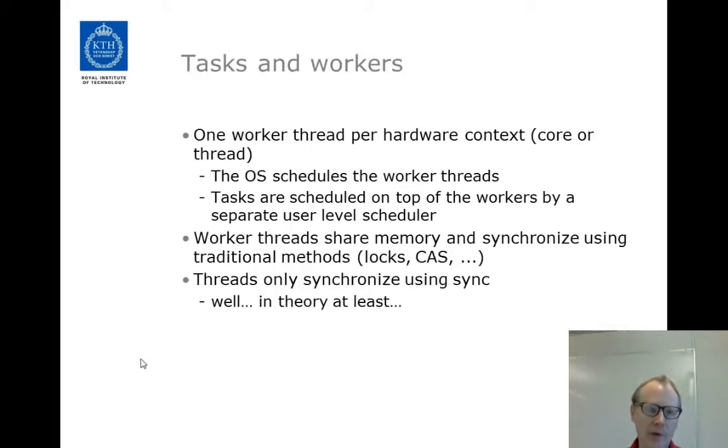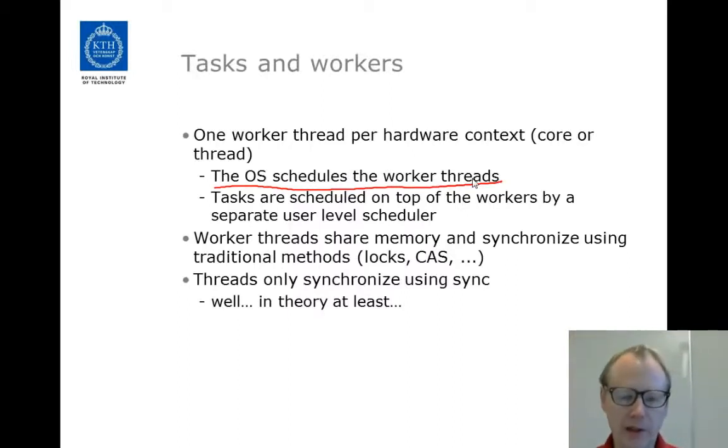If you have hyper-threaded or simultaneous multi-threading processors, you might want to have one thread per hyperthread. Then the operating system has the task of scheduling these worker threads onto the cores. So for all practical purposes, the worker threads can be considered proxies for cores.